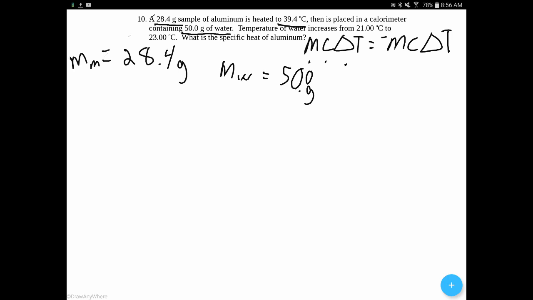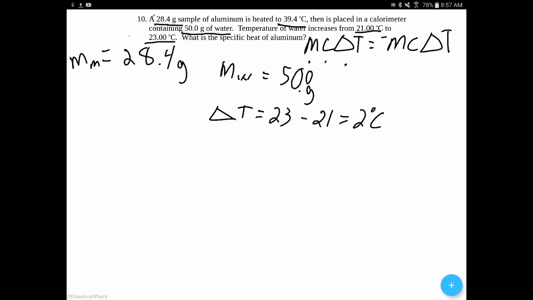The temperature of water increases from 21 degrees Celsius to 23 degrees Celsius. So that's our initial and final temperature of water. To get the change in water, we take 23, which is our final, minus 21, which is our initial, and that gives us 2 degrees Celsius.